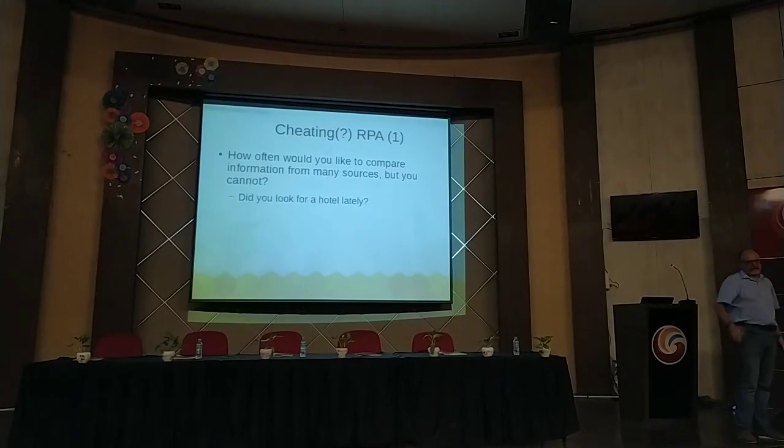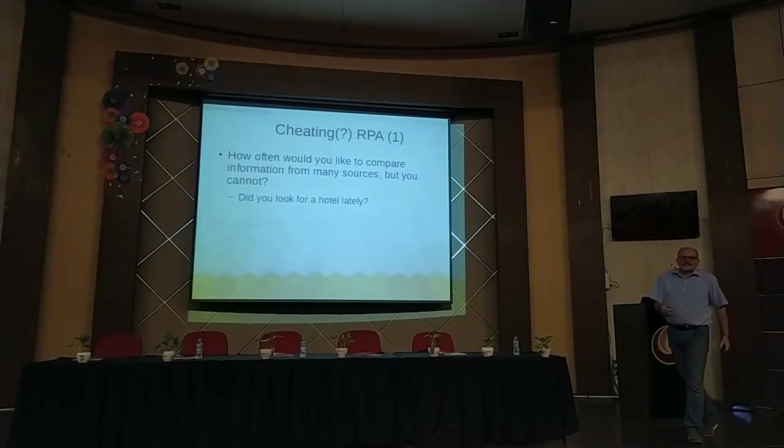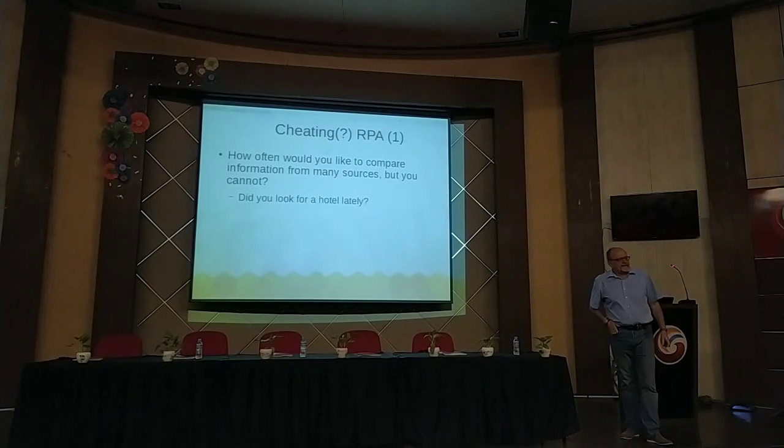Number of stars, price. Okay, so you have some suggestions. But then you go to Agoda, which is more of an Asian thing. Or you go to hotels.com. Or you go to Trivago. Yeah, and there are probably zillions more.